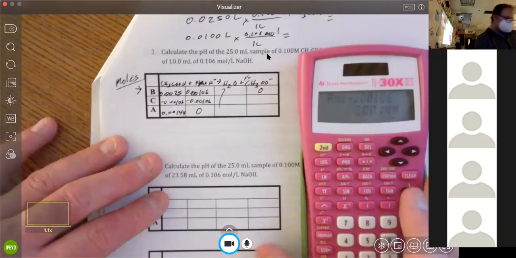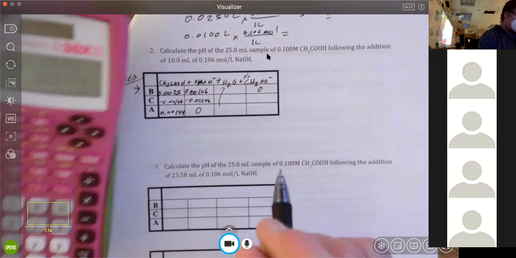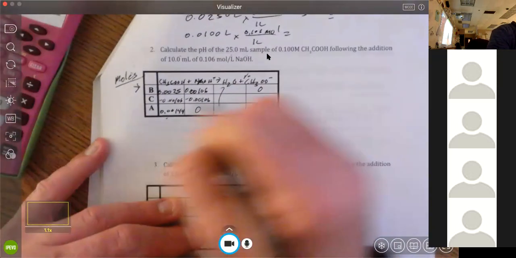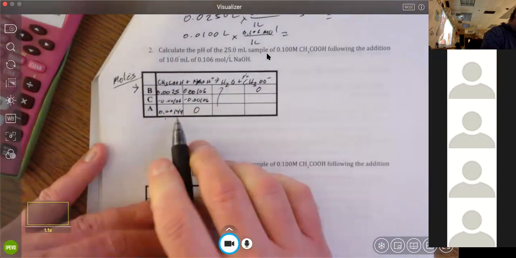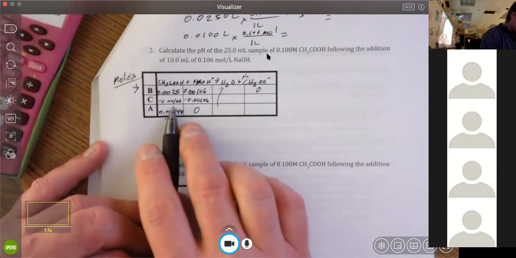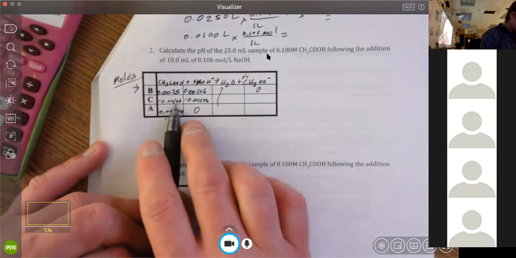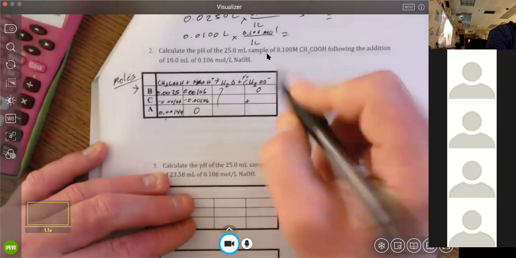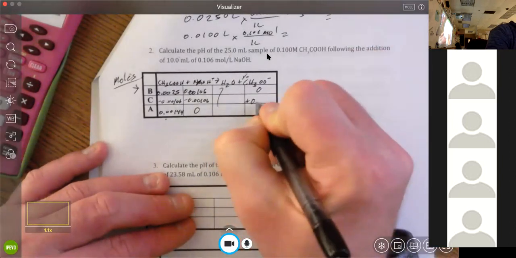I think in the future I need to make these BCA boxes bigger for my writing. So what does that mean? Well, if we're subtracting that from this side, that means we are forming, if this acid is this concentration at the end, what has happened to the rest of it? It has dropped that hydrogen ion and become the conjugate base.